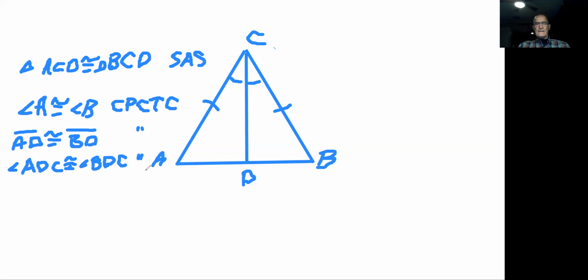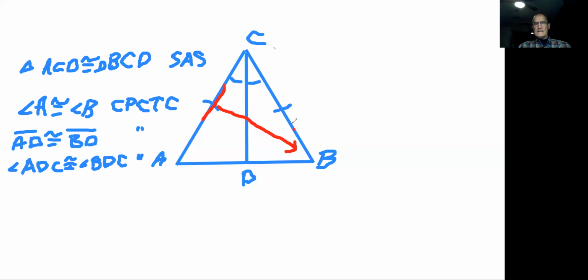Now here's what the isosceles theorem said. If we have an isosceles triangle, if the sides are congruent, then the opposite angles are congruent. So here's side AC. The angle opposite AC is angle B over here.